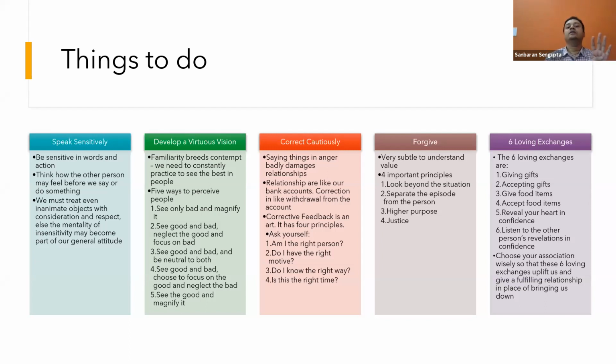These are the six symptoms of loving relationships. Symptoms of love. And these are things that we do quite often. If we want to develop strong, good relationships, these are the six things that we should do.